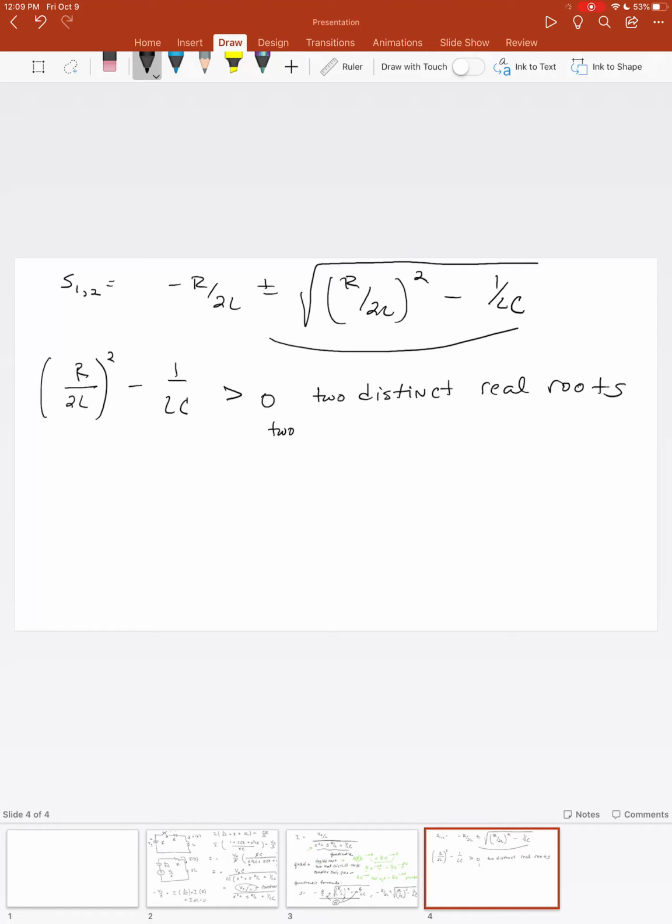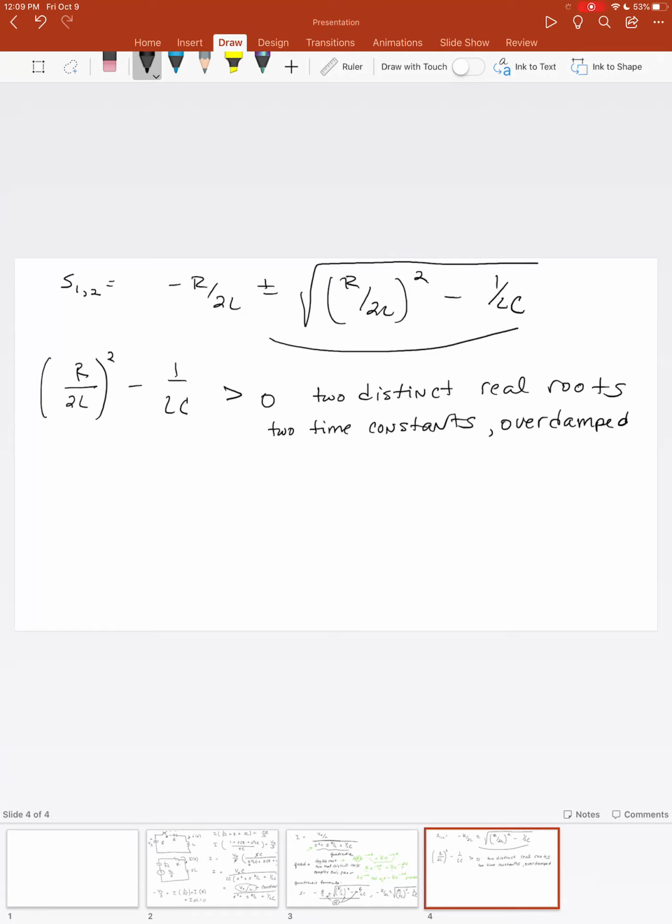And that kind of circuit has basically two time constants, and it is referred to as an overdamped circuit.